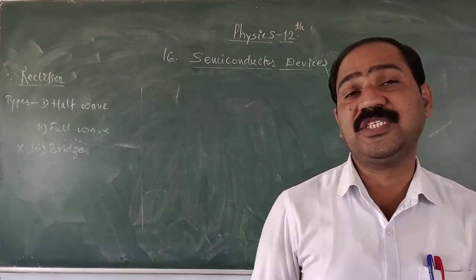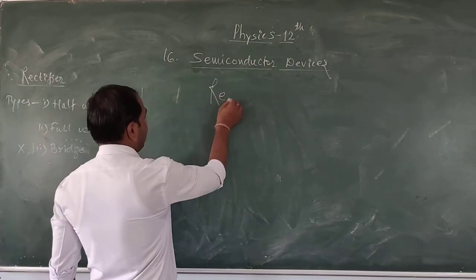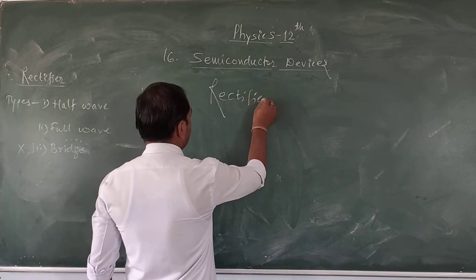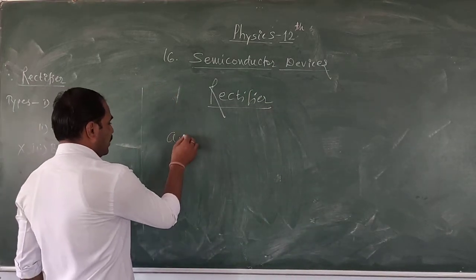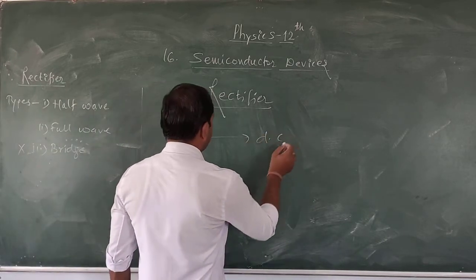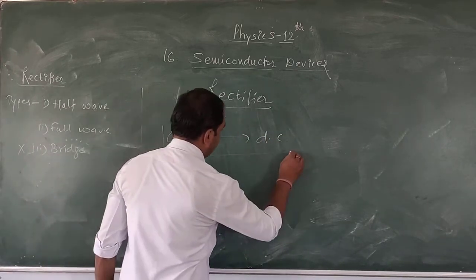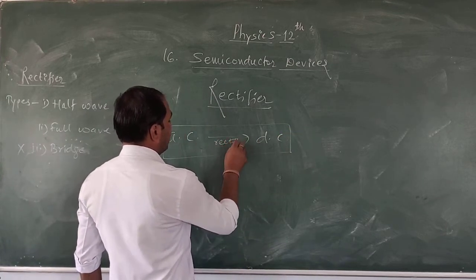The device which is used to convert AC into DC is called a rectifier. The name is very good, rectifier.